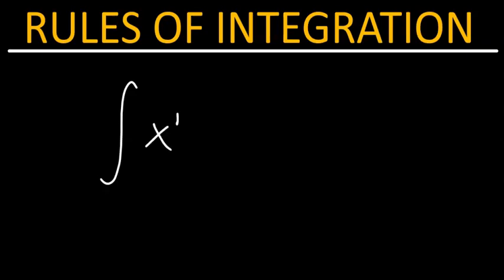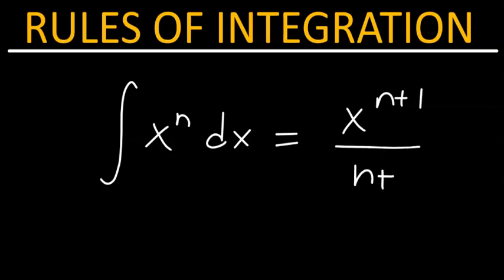The first class is x to the power n, where n is a constant. The result of this integral is x to the power n plus 1 over n plus 1, and we usually add a constant to the result.